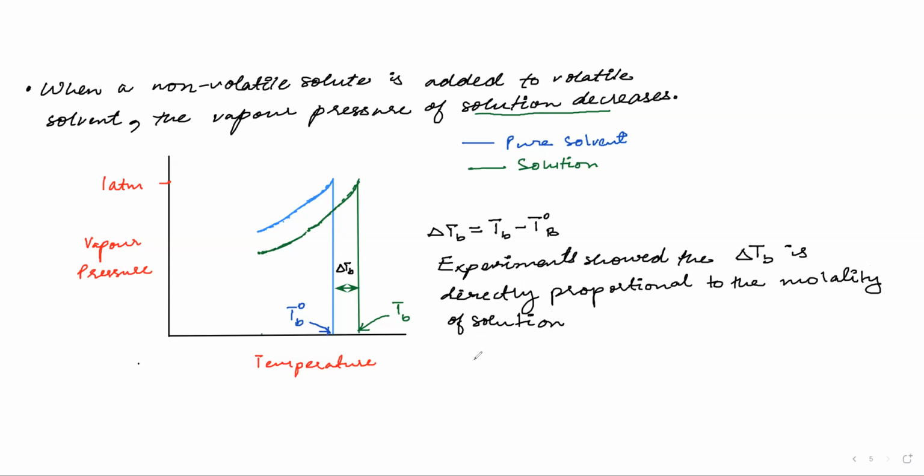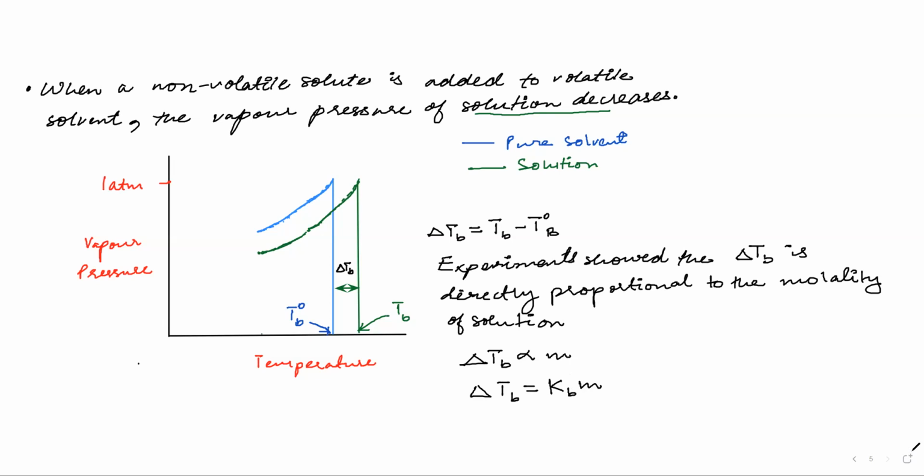So delta TB is directly proportional to small m, that is molality. When we remove the proportionality sign, delta TB will be equal to a constant, known as KB, into m.